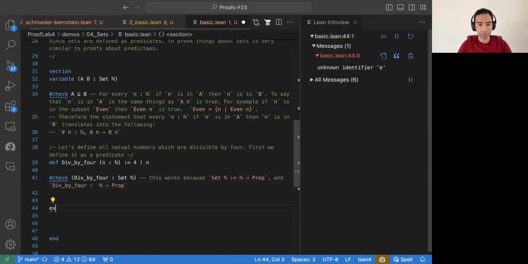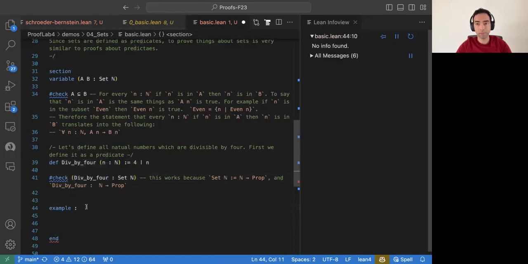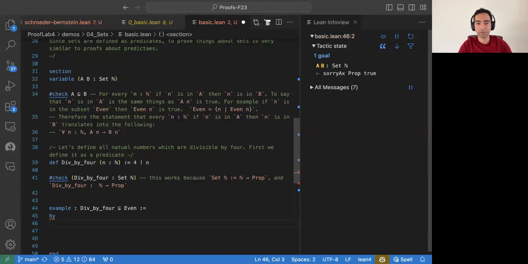And now we can actually prove, or at least we believe, that the set of all numbers divisible by 4 should be a subset of even numbers. So let's try to prove this. Does anybody want to say something?